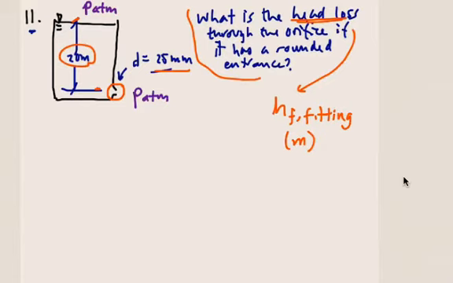I also know that I can define some sort of XYZ coordinate system. If I call this 0 right here, then let's call this point 2 and this point 1. The z at point 2 is equal to 0.